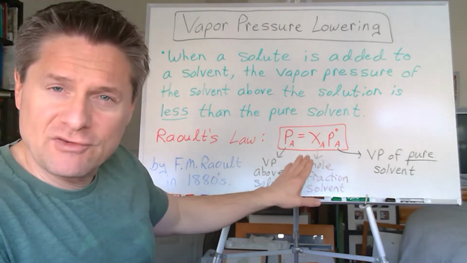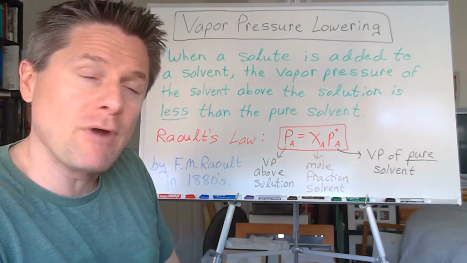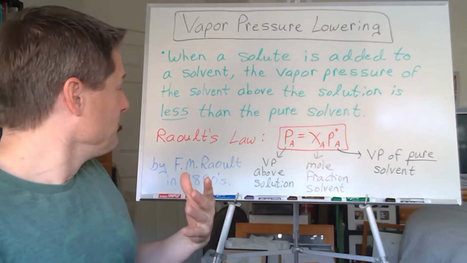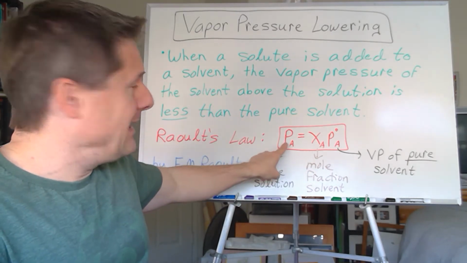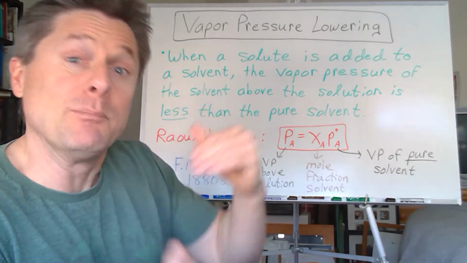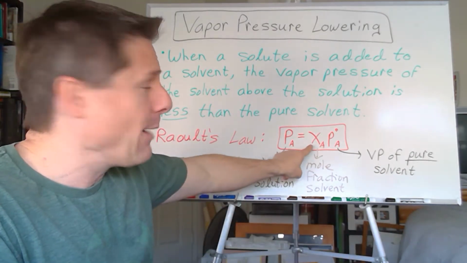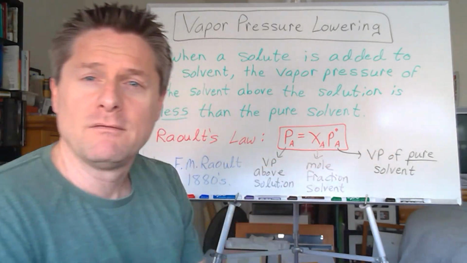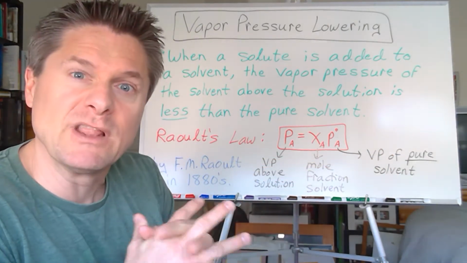I'm going to show you a couple versions of Raoult's law. Raoult's law, by F.M. Raoult in the 1880s, came from studies asking: what's the vapor pressure of the solvent above the solution? He found that it was the mole fraction of the solvent times its pure vapor pressure, if it's a pure liquid by itself.